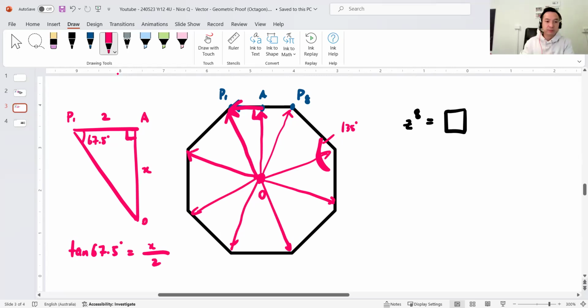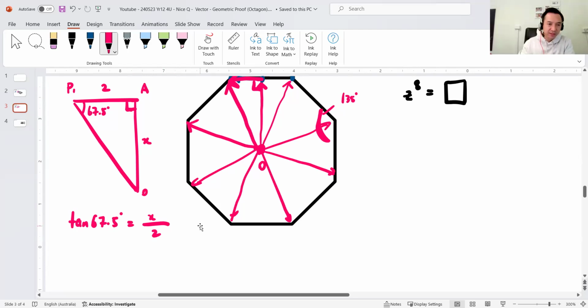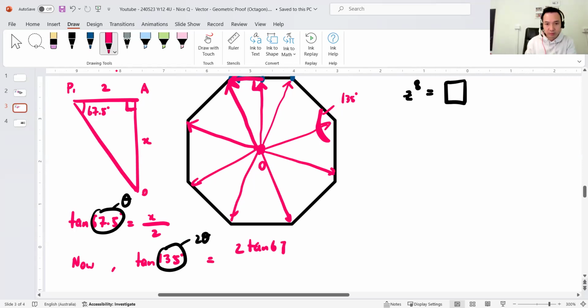Now, 67.5, guys, I can't really find that as an exact value until I go, well, I know that if I let this guy here be theta, then tan 135, which is 2 theta, equals 2 times tan theta, all over 1 minus tan squared theta. Just to be clear, this is theta, and this is theta.